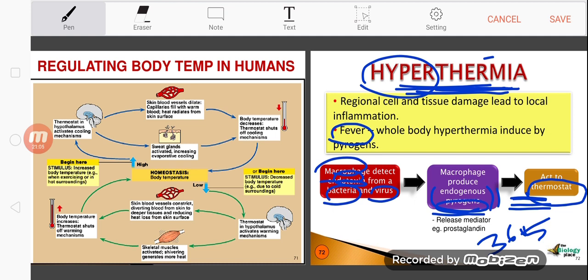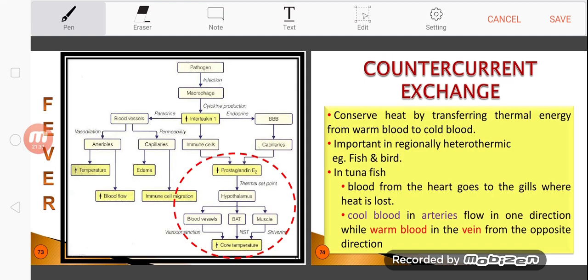Our body is hot, but we are shivering because we need to achieve the new level of body temperature, 37 degrees Celsius, set by this thermostat. So this is the fever pathway mechanism.